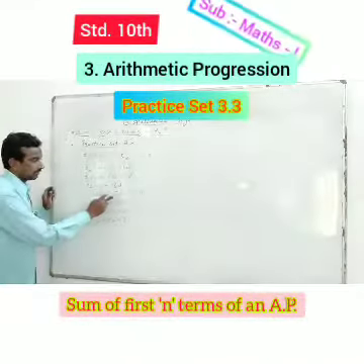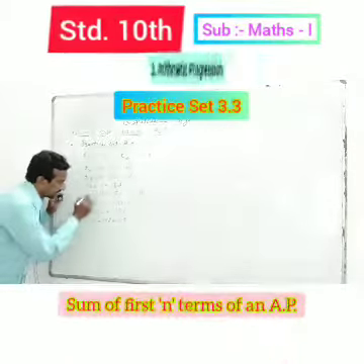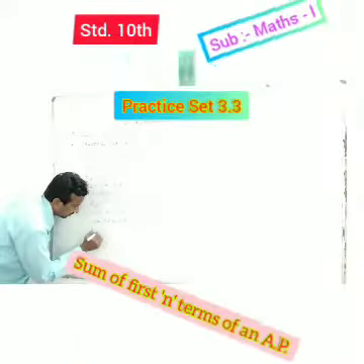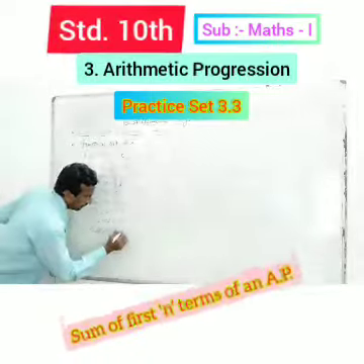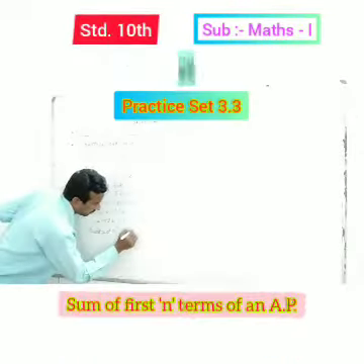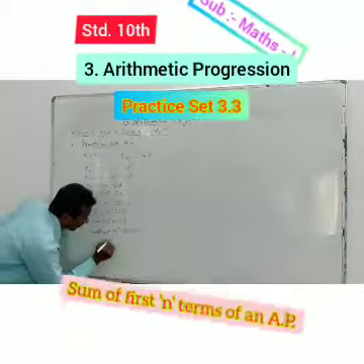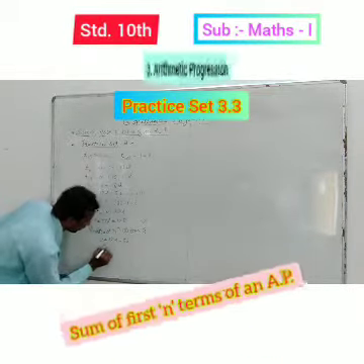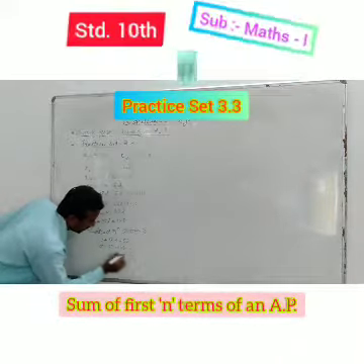Now solve these two simultaneous equations: a plus 18d equal to 52 and a plus 37d equal to 128.